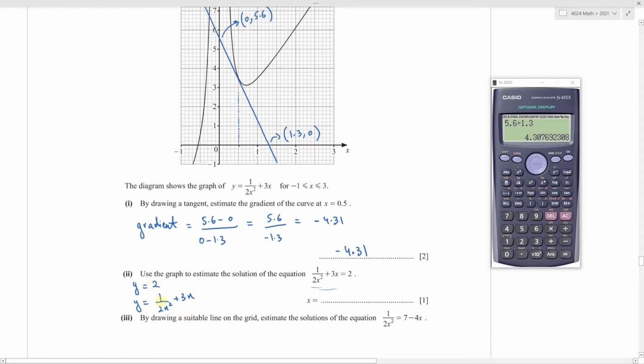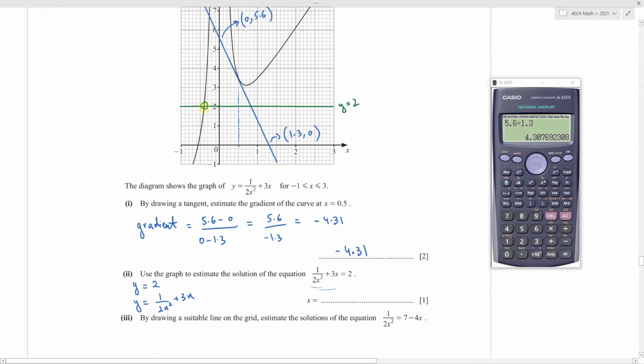So let's draw y equals 2. y equals 2 is a horizontal line passing through the y-axis at value 2. So this will be y equals 2. It intersects the graph of the other equation at this point only.